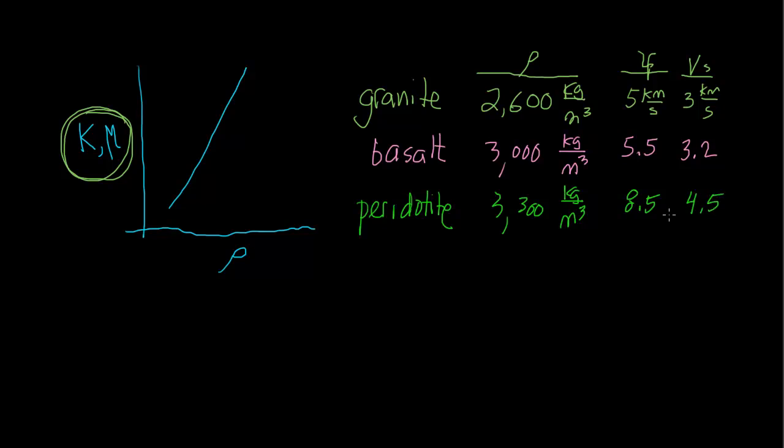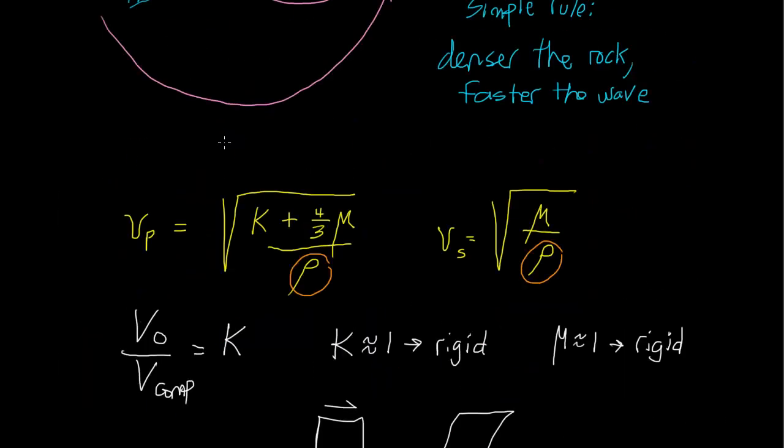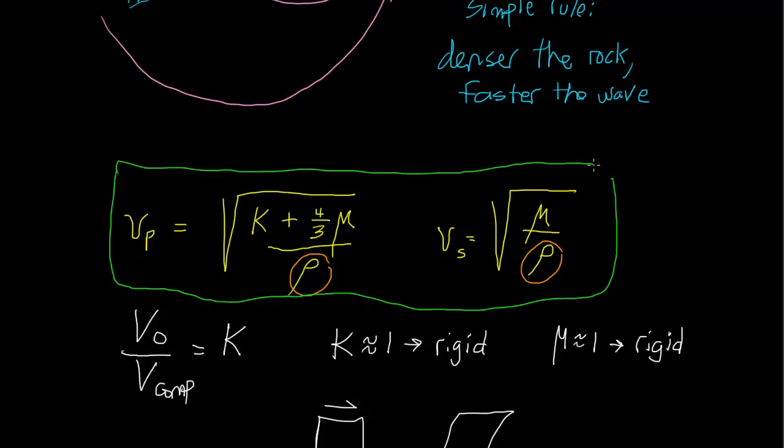Once again, the effects of rigidity dominate the effects of density in the equations. Even though we look at the equations and think it should be obvious that if the rock gets denser, its velocity should go down, that's not what happens, because although the rock is getting denser, its stiffness, its elastic properties, are getting much higher.